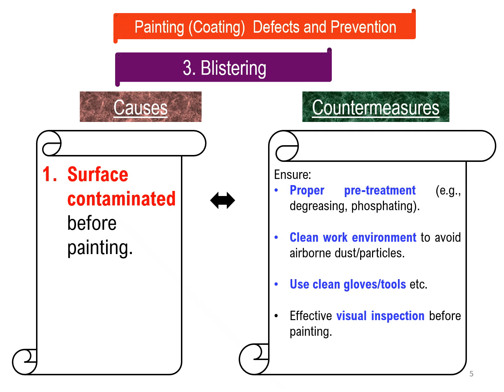The causes and the countermeasures of blistering. Number one is surface contaminated before painting. The recommended countermeasure for this cause is ensure proper pre-treatment, that is degreasing and phosphating.